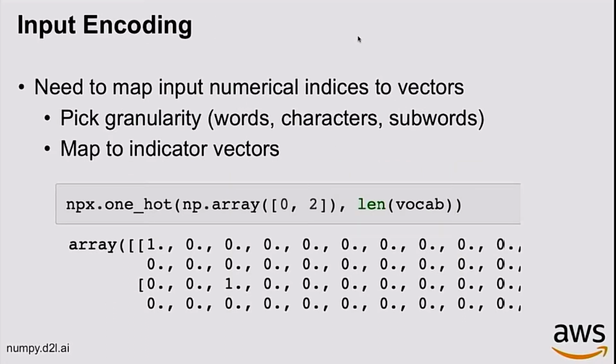Now, a word is not a number. How do we use it to train the model? That's the trick: we do one-hot encoding.